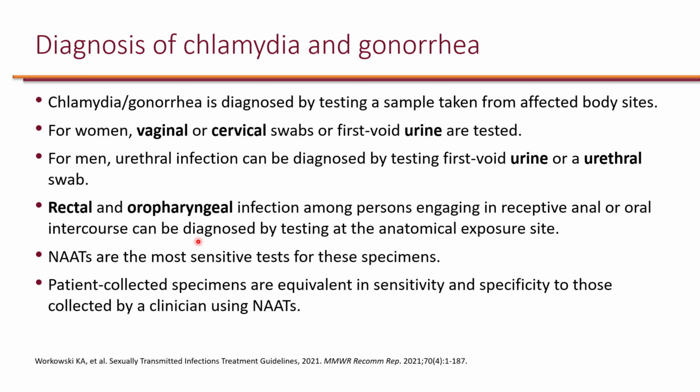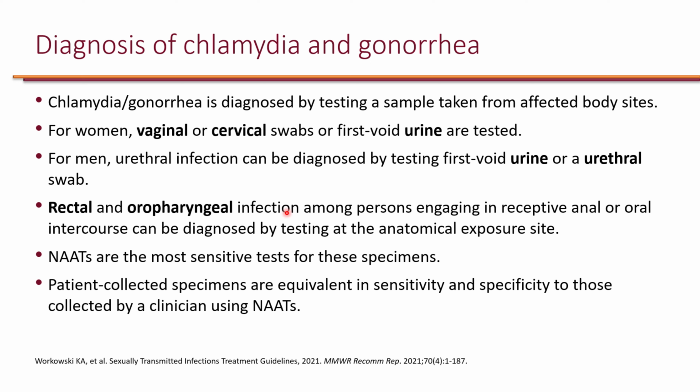If you suspect the route of transmission was rectal or oropharyngeal, those sites can also be swabbed because a urine sample might test negative where somebody may have oropharyngeal infection. So all three sites may need to be tested in certain individuals with risk factors.